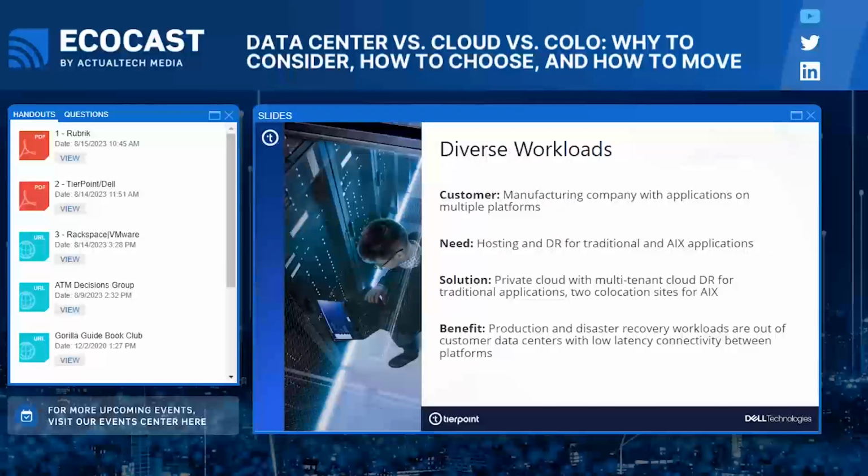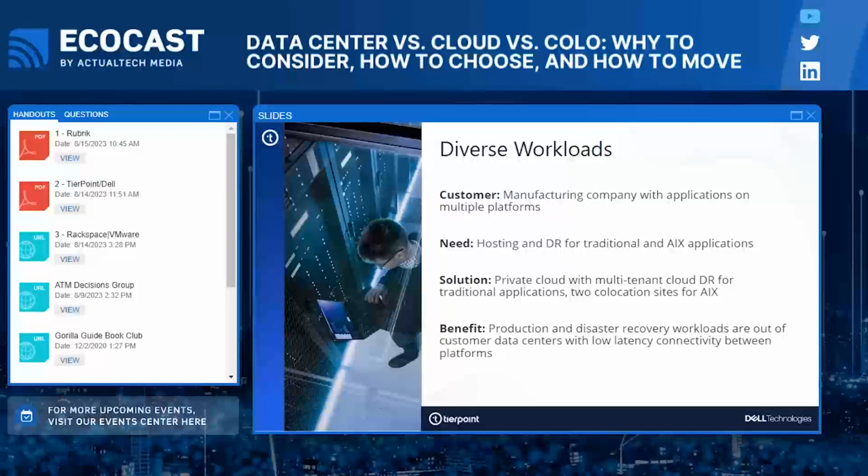So for the first one, this was a customer in the manufacturing space, and they had a number of workloads running on both a traditional VMware stack as well as an IBM AIX platform. They initially came to us because they had a need for a DR site for their AIX platform, and as a Unix platform, you can't really port that application or data to a traditional cloud environment like a hyperscaler.